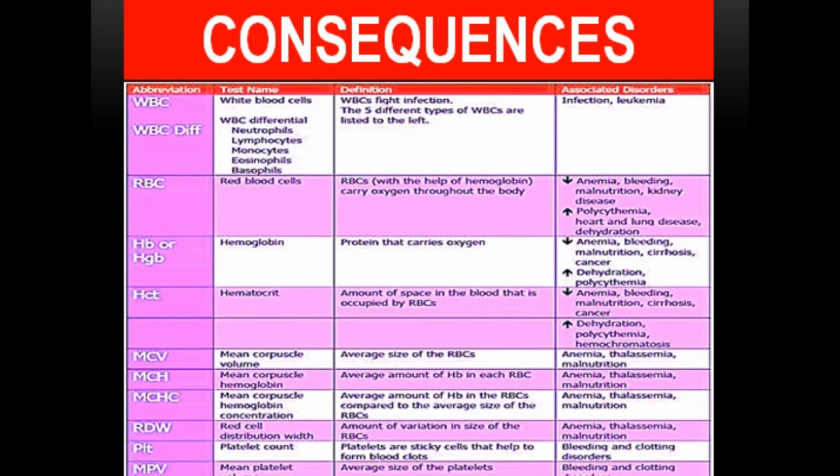Then we have problems related to the specific cell volume, that is MCV, which is mean corpuscular volume. Again, there will be anemia, and note that in case of thalassemia, MCV is changed or decreases. The average size of the RBC is changed.